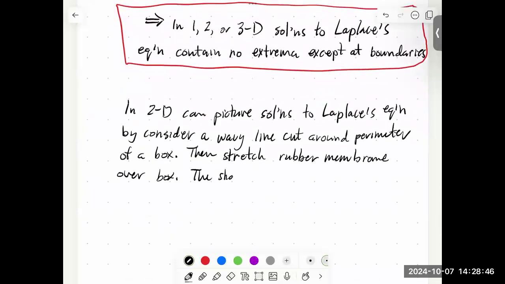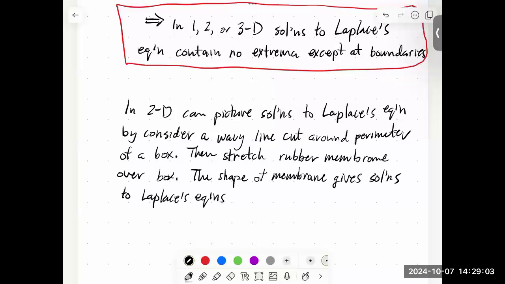The shape of this membrane gives solutions to Laplace's equation. And generally, the solutions to Laplace's equations are called harmonic functions. So if you see people talking about these so-called harmonic functions, what they're talking about are solutions of Laplace's equation.